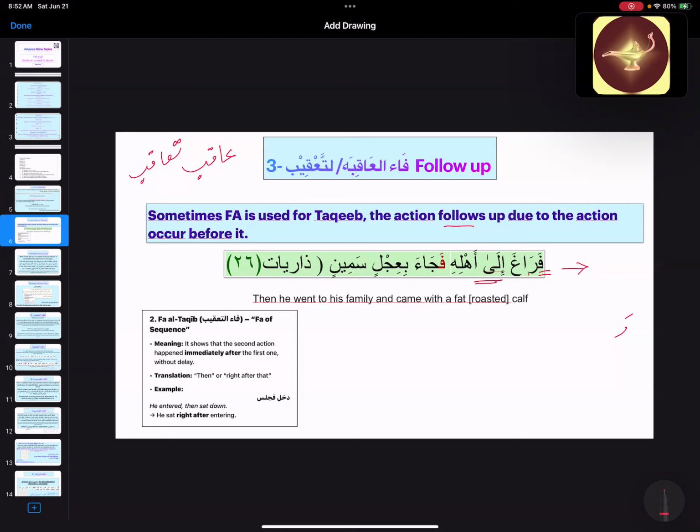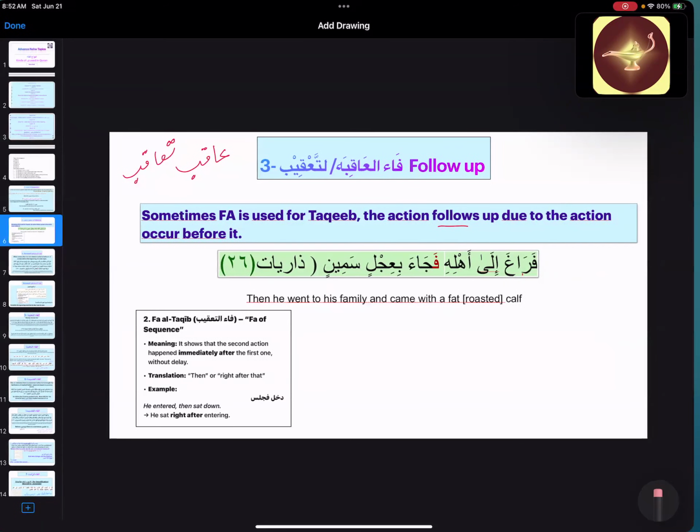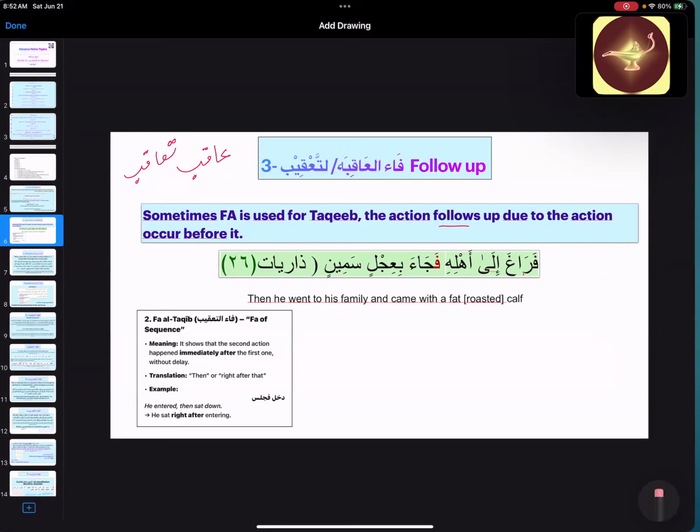So now they are taking it as fa'l-'aqiba or fa li-ta'qib. So meaning that he provided the wife with the meat, she cooked it, and as soon as she cooked it, right away he took it to the people, to the guest.